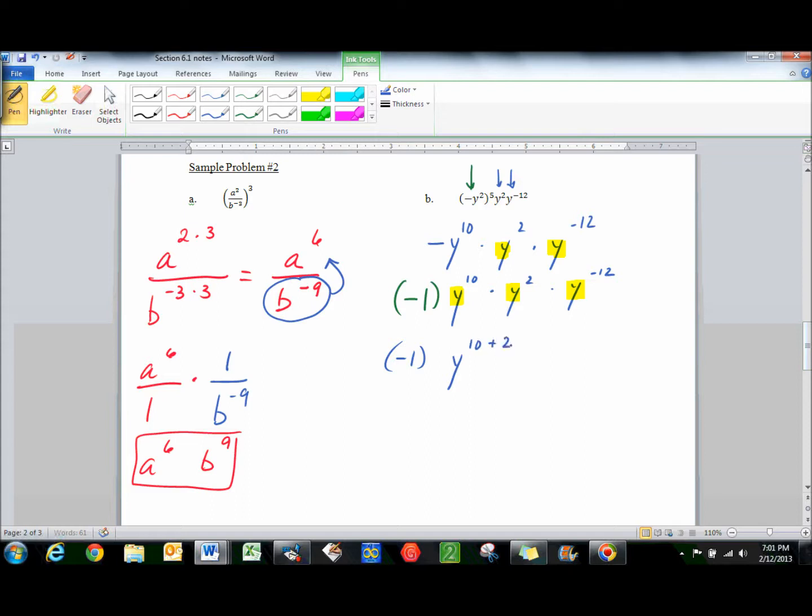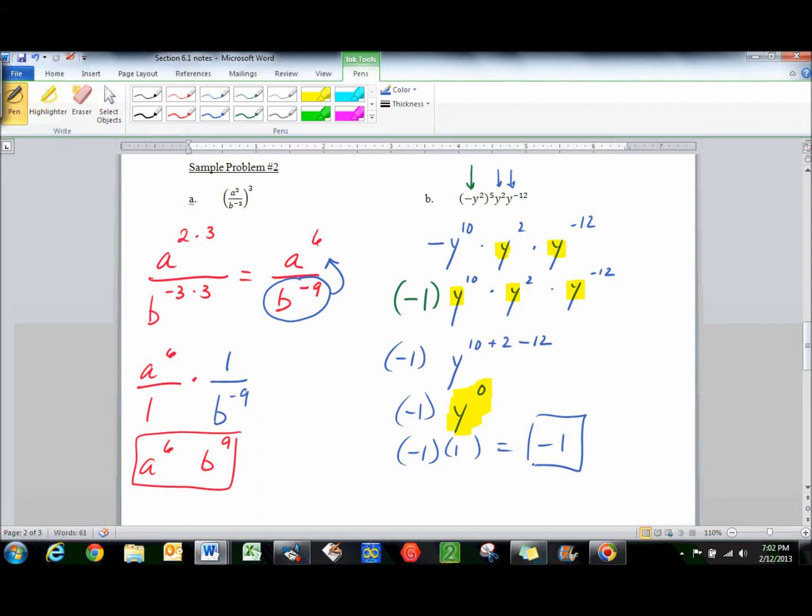So 10 plus 2 minus 12, or plus a negative 12, will then give me y to the 0 power. So 10 plus 2 is 12, 12 minus 12 is 0. And if we recall from our properties earlier on, anything to the 0 power is just equal to 1, which gives me negative 1 times 1, which is going to give me negative 1 as a final answer.